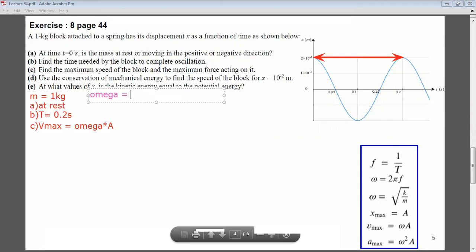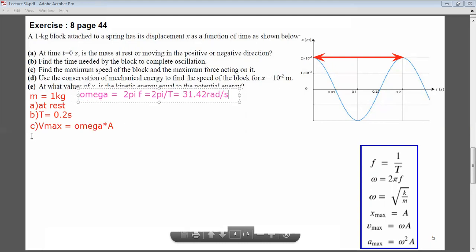Omega is equal to 2 pi f, which is equal to 2 pi divided by the period, which is equal to 2 times pi divided by 0.2, which is 31.42. The unit for omega is radian per second. So I got omega.